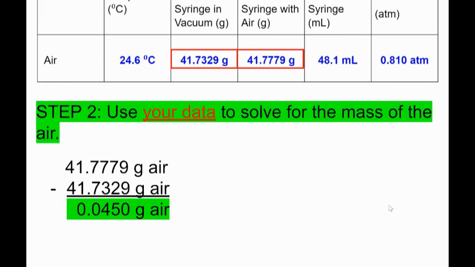All right, we just finished step 2 because we used our 2 measurements of mass and the difference between them to determine the mass of the gas in the syringe. In this case, that was air. We generally can't measure the mass of a gas directly, so we're going to often get the measurement for mass indirectly by measuring a before and an after mass.